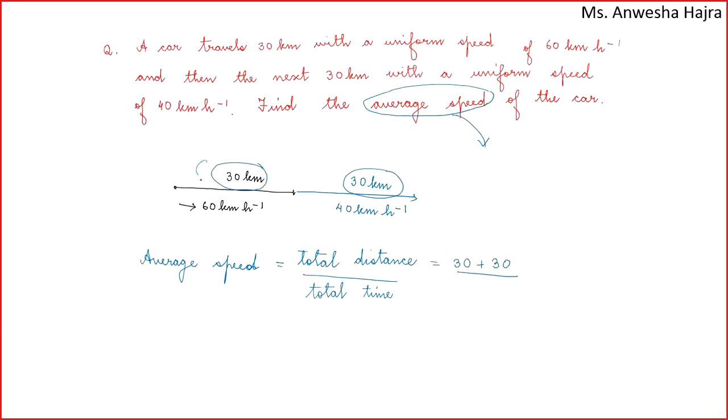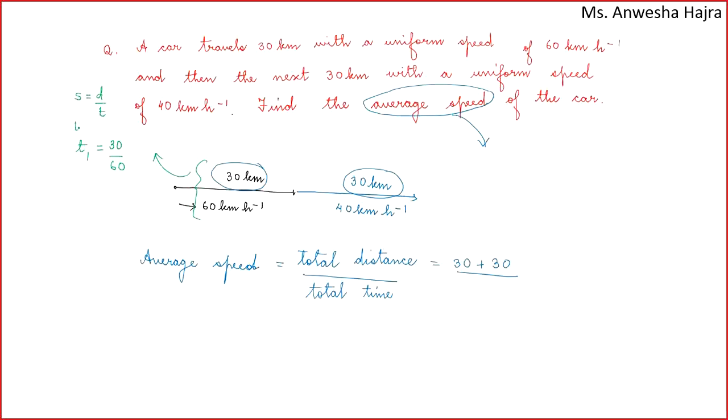Now, how do we get the time t1? Time is distance divided by speed, because speed s is distance by time.